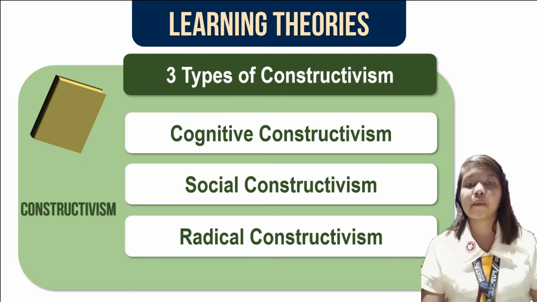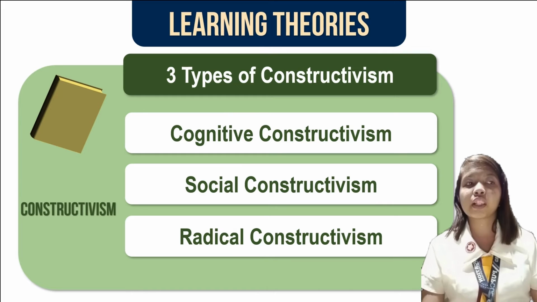The second type of constructivism is social constructivism, which focuses on the collaborative nature of learning. Knowledge develops from how people interact with each other, their culture, and society at large. Students rely on others to help create their building blocks, and learning from others helps them construct their own knowledge and reality.